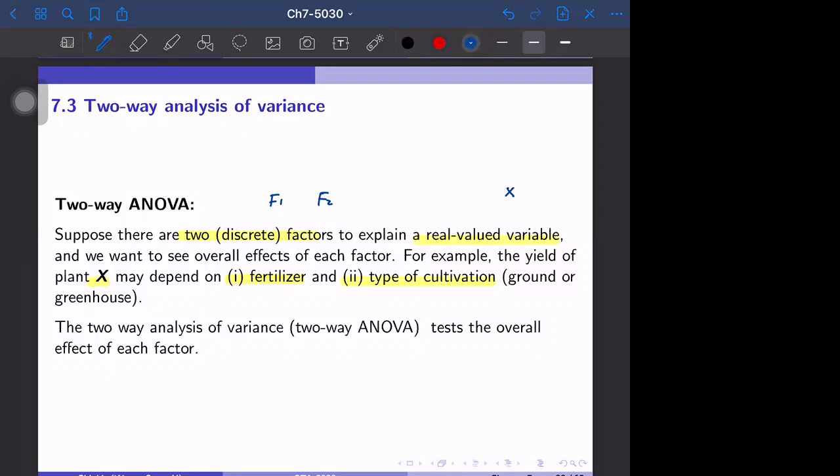Maybe factor 1 has 3 levels and factor 2 has 2 levels, so multiple levels. The two-way analysis of variance tests the overall effect of each factor. So fertilizer affects the yield, and also the type of cultivation affects the yield.